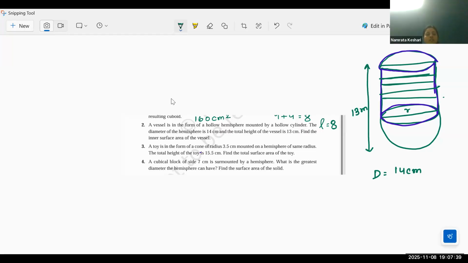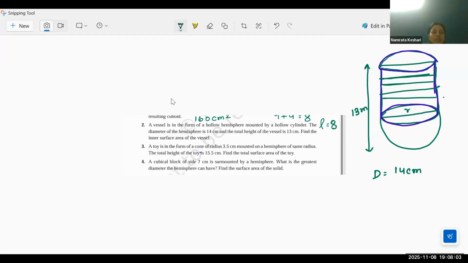Find the inner surface area of the vessel. Inner surface area, both are hollow. If both are hollow, you don't have anything, so try realizing what surfaces you can feel. If you try feeling inside, you will feel a cylindrical shape, and below that a hemispherical shape.